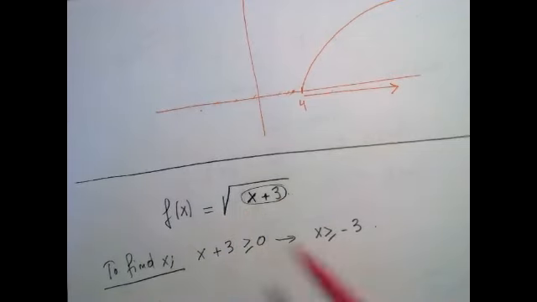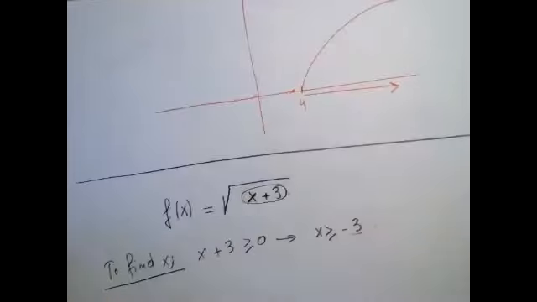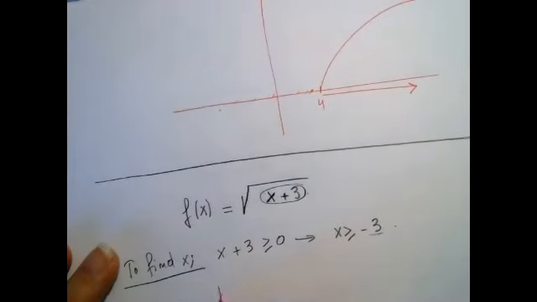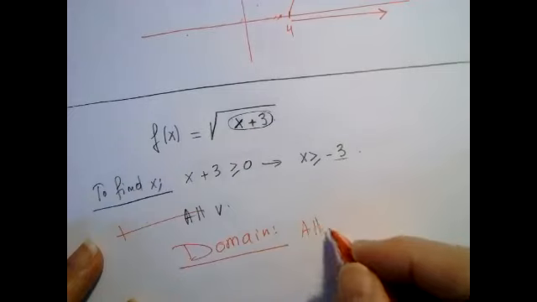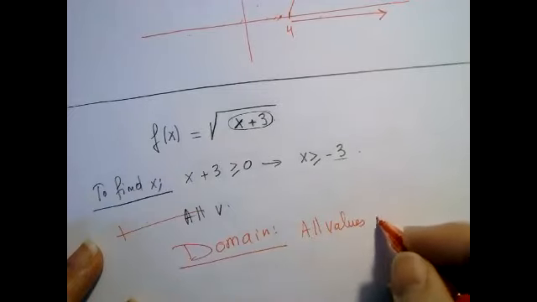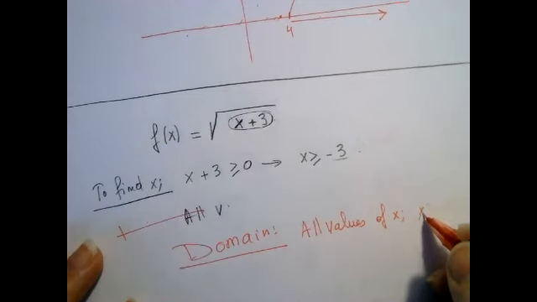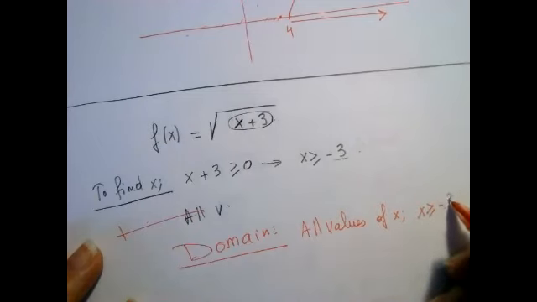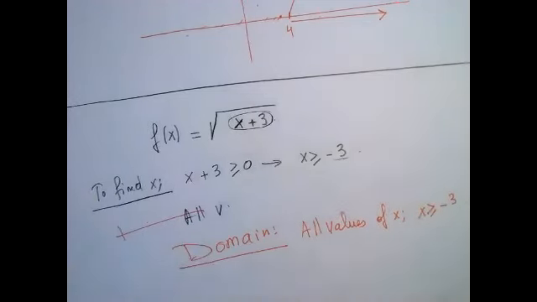However, if I take -4, something less than -3, -4 plus 3 yields a negative number. So the domain is all values of x such that x is larger or equal to -3. The term under the square root has to be a positive number.